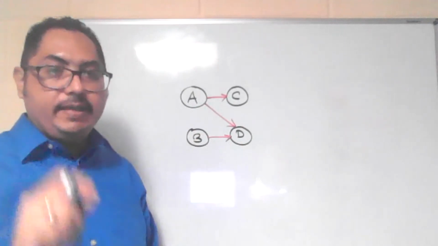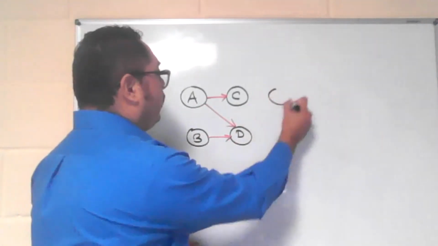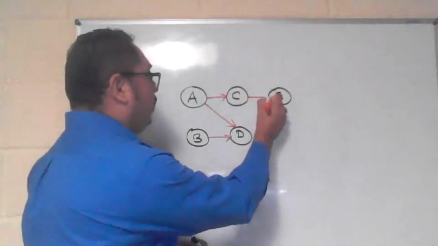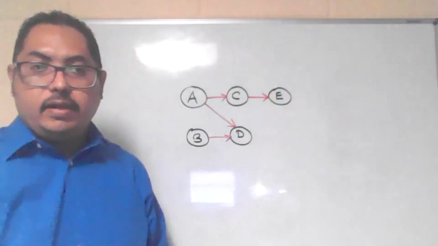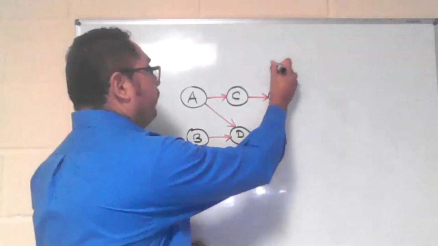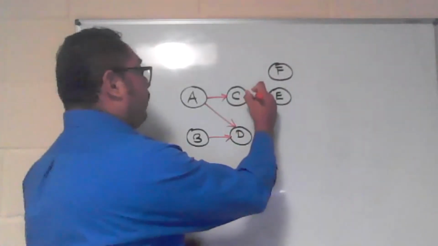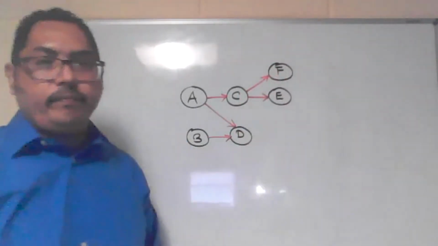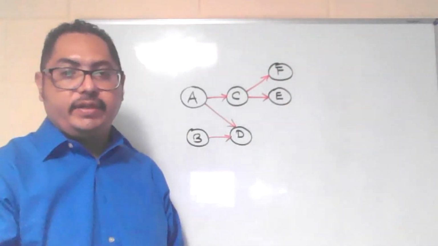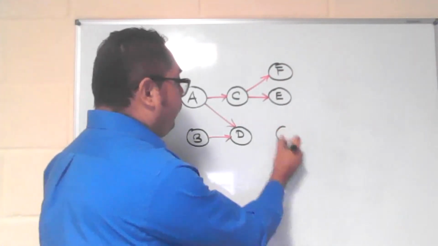Let's look at activity E. Activity E follows activity C. Let's look at activity F. Activity F follows activity C. We have activity G that follows activities D and E. We have G here.